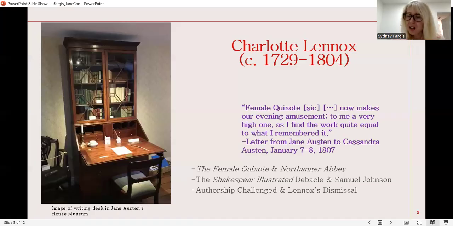It was Johnson who encouraged Lennox to pursue the writing project that would essentially initiate her gradual fall from grace, Shakespeare Illustrated. And it would be Johnson's name critics of their time would credit for writing the second to last chapter of The Female Quixote. Even though there was, and still is, no evidence to support this claim.